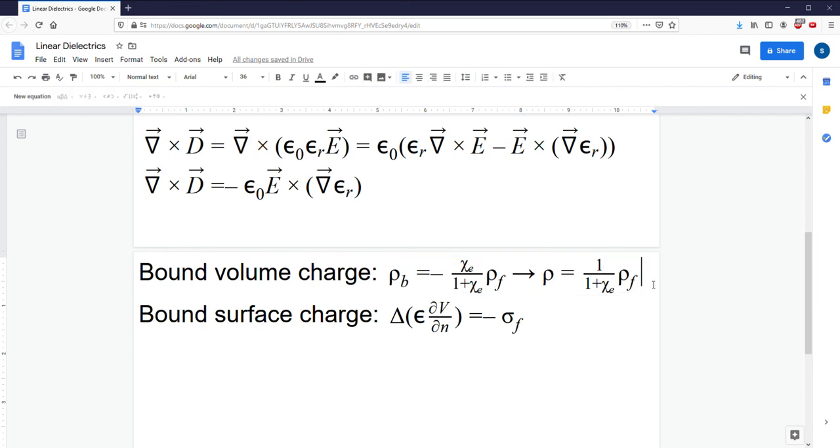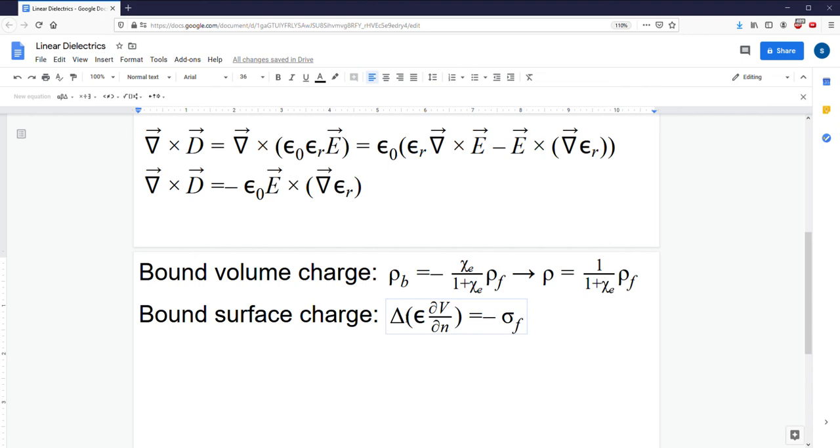However, as the textbook notes, this is a relatively unusual circumstance. Typically, when we're dealing with a material, we place charge on the surface. For that, I would like to reference equation number 4.41 on page 192. This quantity, epsilon, so this is the epsilon of the material in question, times partial V partial N. This is a fancy way of saying the normal component of electric field.